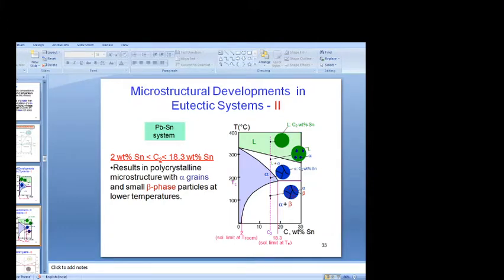So this is the point at which the alpha and beta phase compositions are dictated by the eutectic isothermal point.